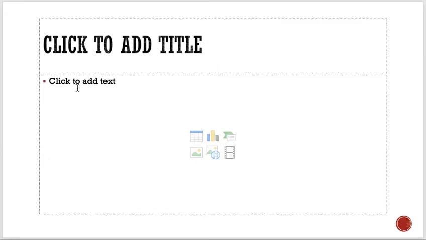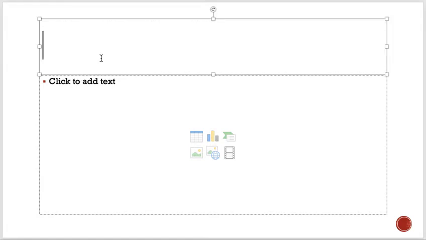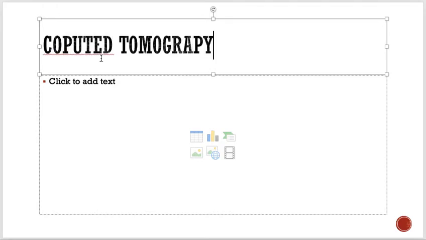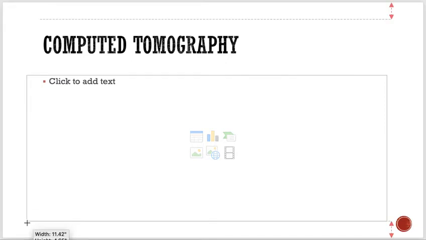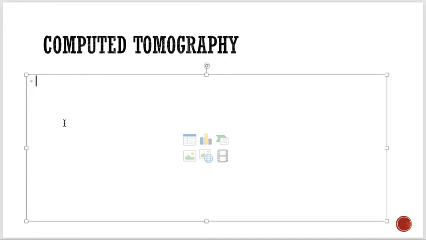Other than MRI, now we are going to talk about CT scans, or computed tomography. This is a very commonly used type of scan in medicine, and it can be done in emergencies as well nowadays.